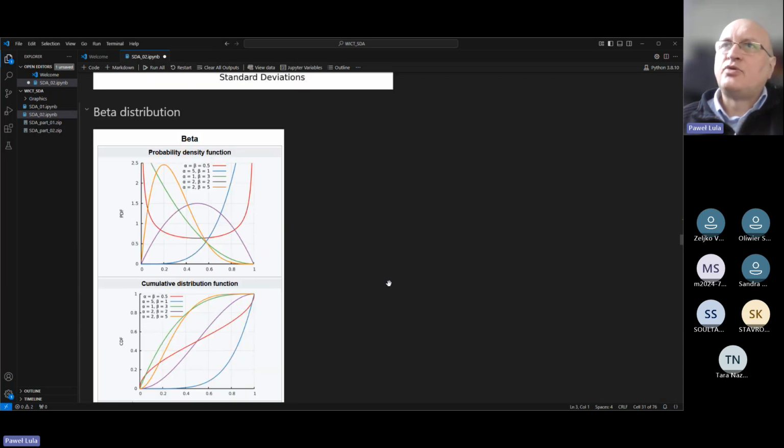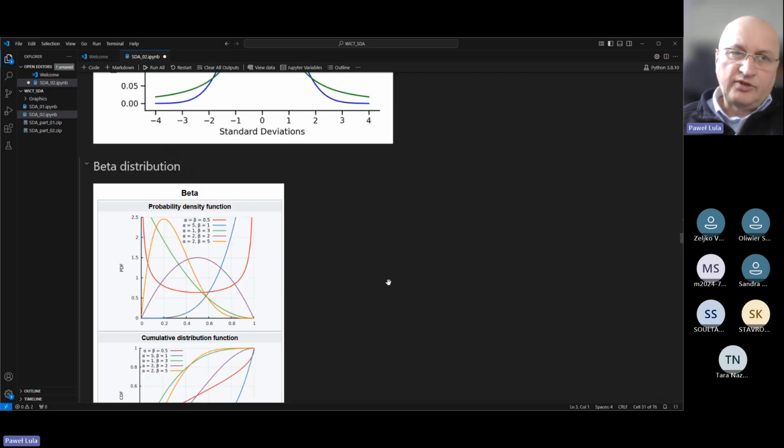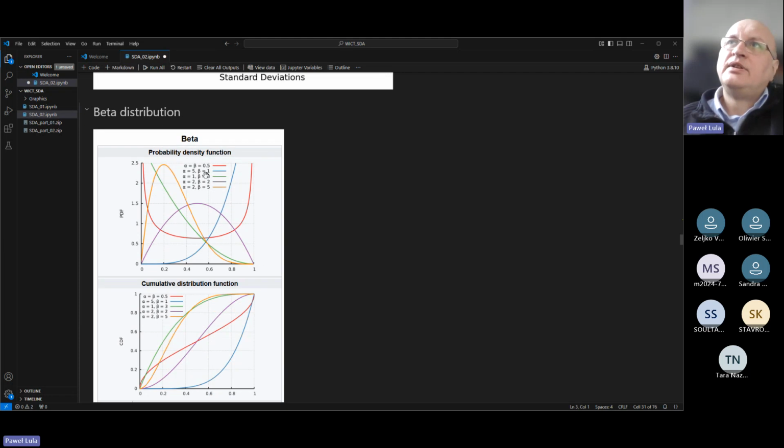And the last distribution, which I wanted to present, is the beta distribution. The probability density function is presented here. This beta distribution has two parameters, alpha and beta. And we see for different values of parameters, different shapes of the probability density function.